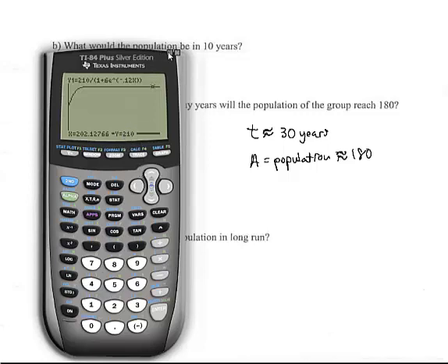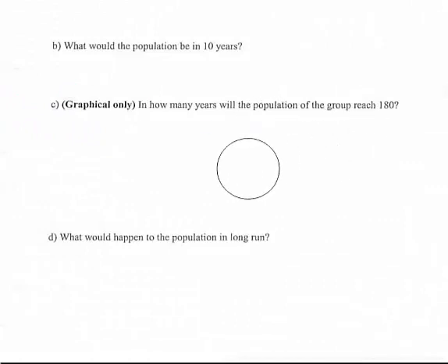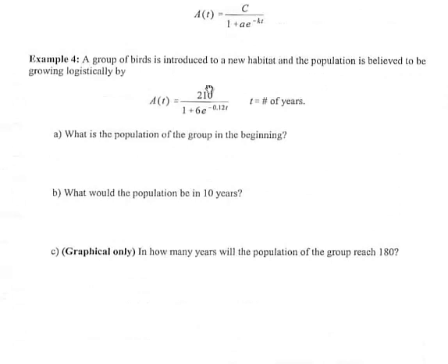In terms of the logistic formula, you can see that we have c in the numerator of our fraction, sort of the upper limit of our population, 210.